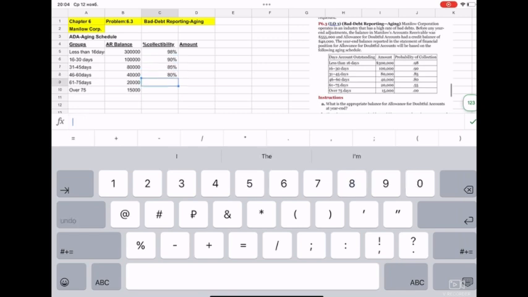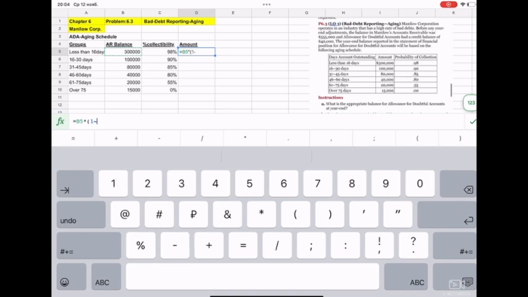Let me see. Oh, great. So it worked out. It is 6,000 for the first one. And the same we will do with all of the amounts.